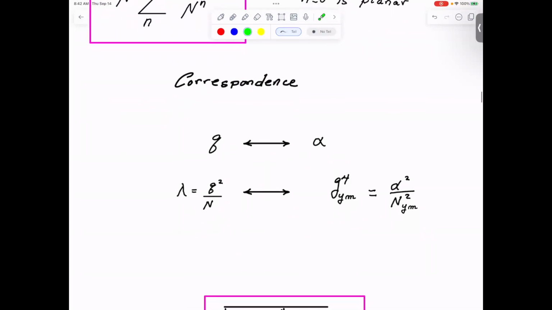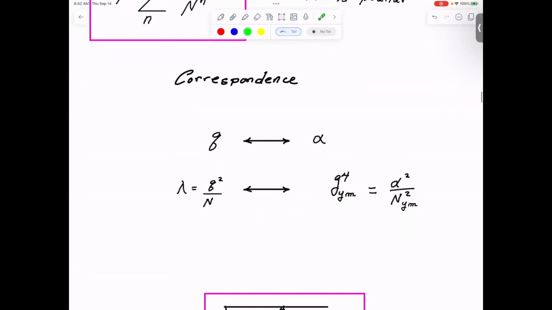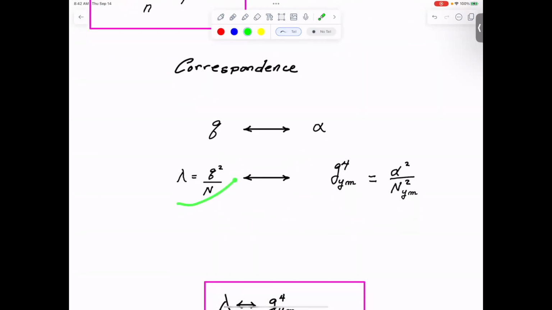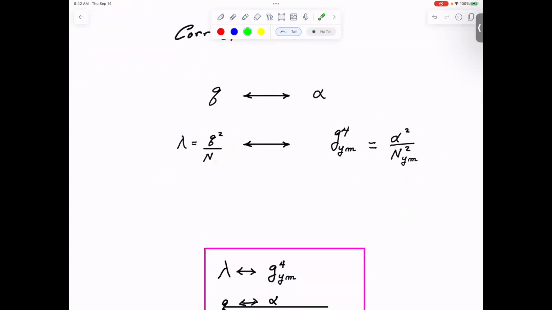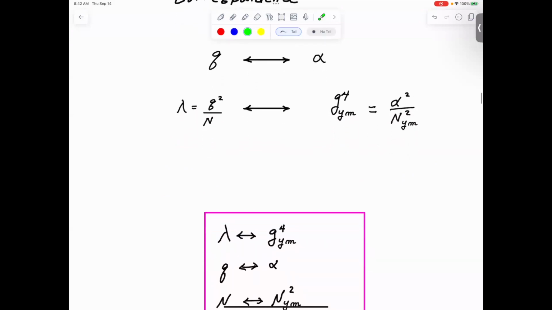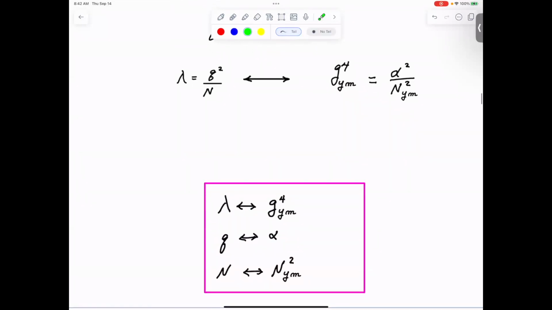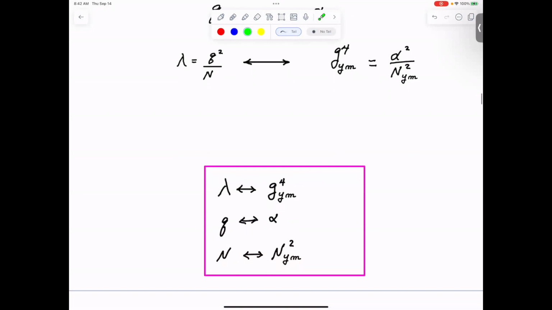That's familiar. I've just squared that relationship. These two are similar to each other. Holding fixed lambda would be like holding fixed g Yang-Mills, which is not something we usually do in studying gauge theories, but we're going to be interested in it.